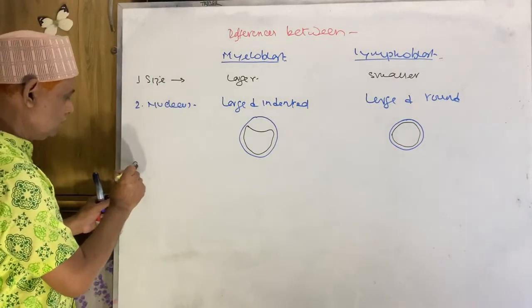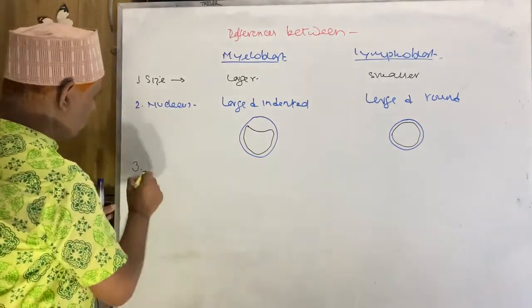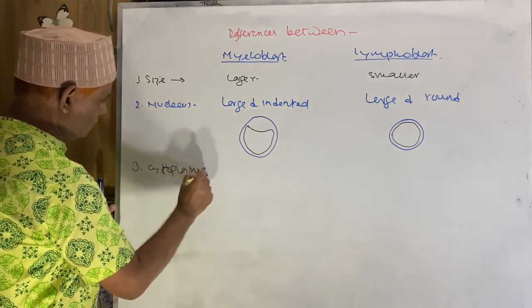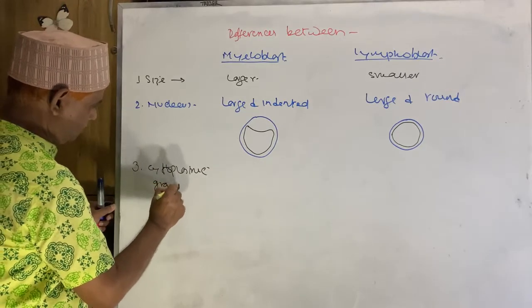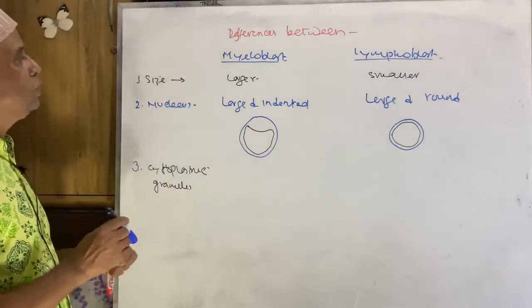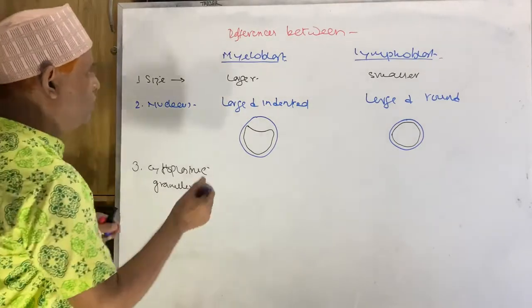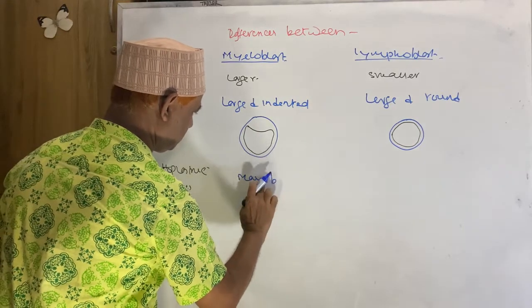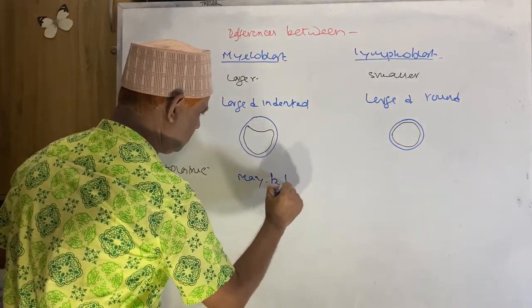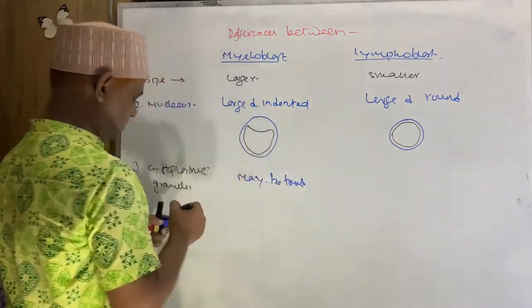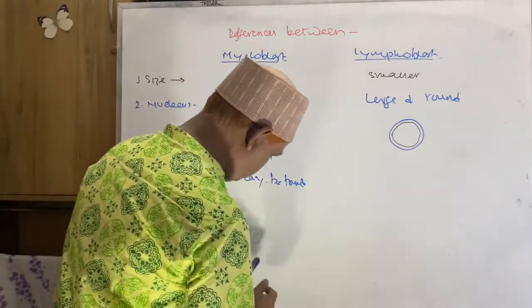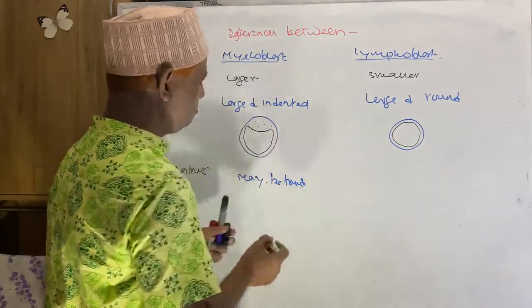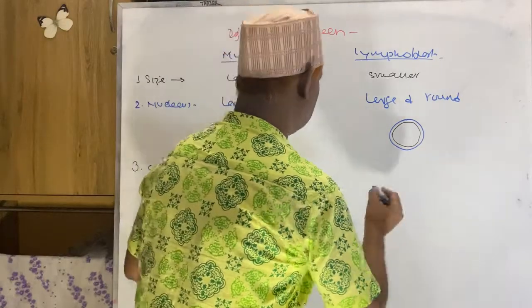Then number 3, cytoplasmic granules. Cytoplasmic granules may be found in myeloblast, but they are always absent in lymphoblast.